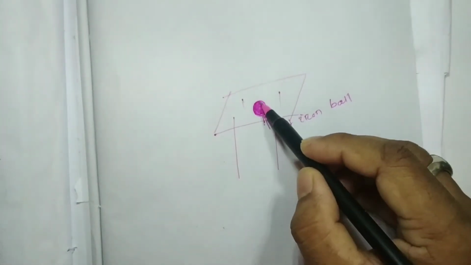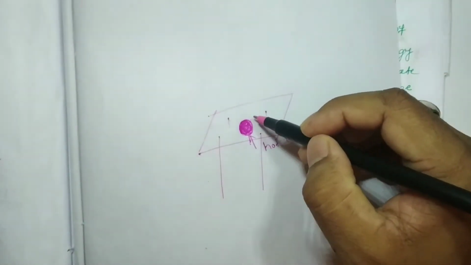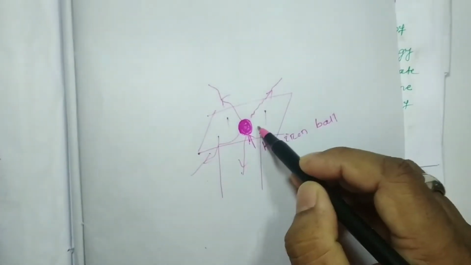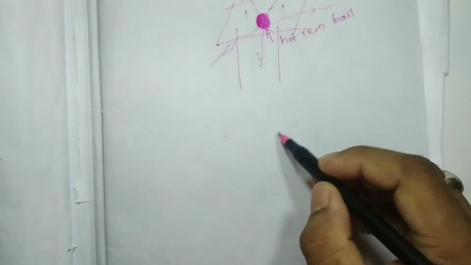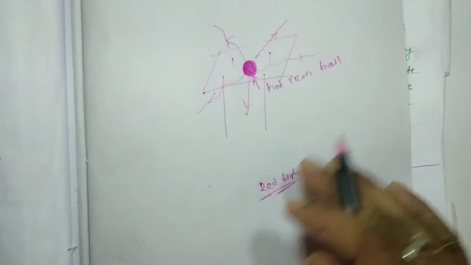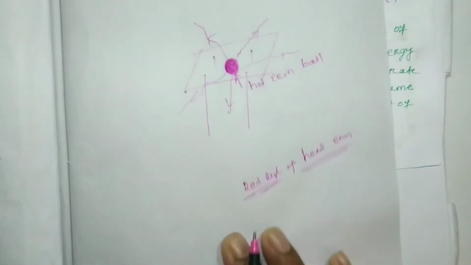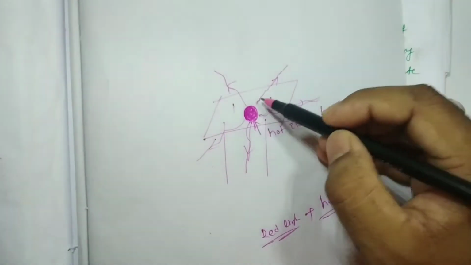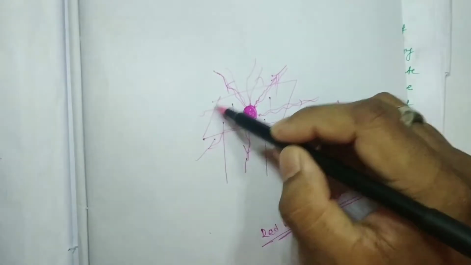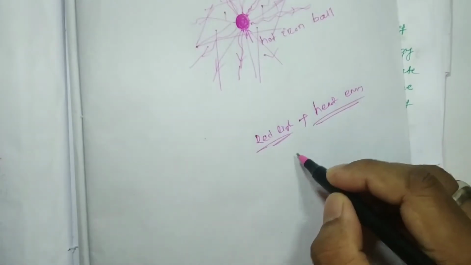That means from this iron ball a lot of electromagnetic energy is radiating. If it is hot, it is glowing, that means red light is coming out, and heat energy is also coming out, or we can say, with variation of wavelength and frequency, electromagnetic energy is coming out from this hot ball.